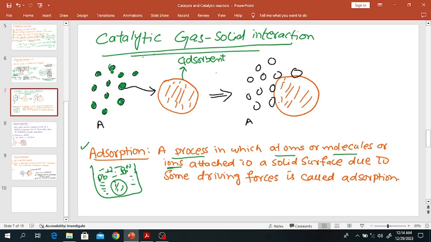So adsorption is a process in which an atom or molecule or ion attaches to a solid surface due to some driving force. Suppose this is wastewater and this is the adsorbent.